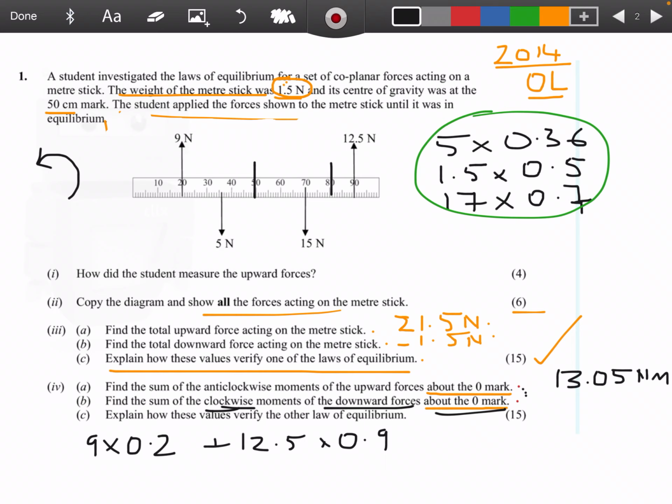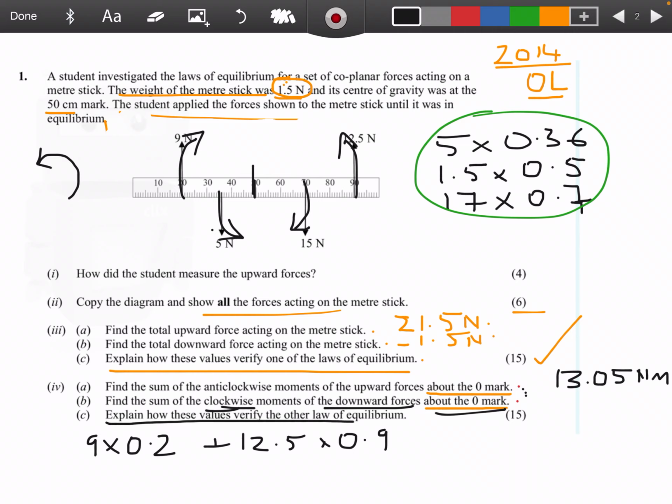So you can imagine, if I'm at the 50 centimetre mark, let's just make it a little bit easier, that one is going clockwise. That one is going clockwise. But that one is going anti-clockwise. That one's going anti-clockwise. So we have to be a bit more careful. Now, that's for a higher level question, so you'll be able to do that later on. But that's all there is to it. And at the ordinary level standard, nice and straightforward.